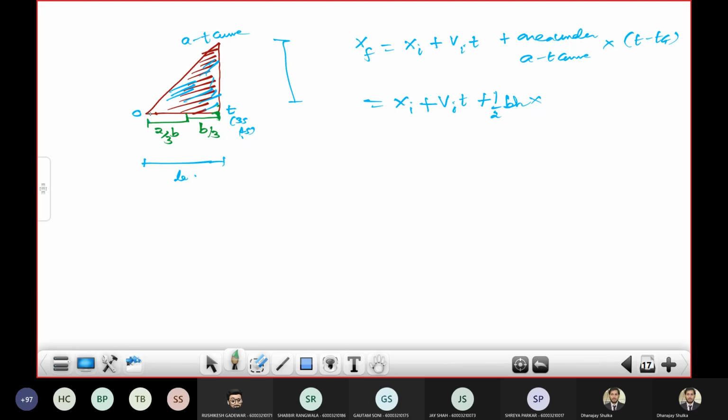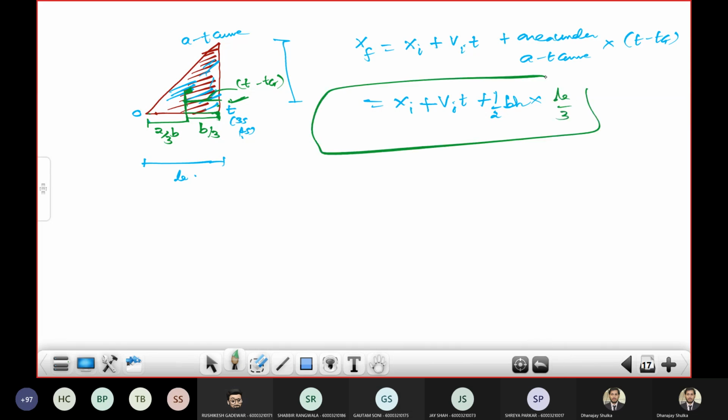Where will the centroid come? Here. So this distance is t minus tg. That will be b by 3. Are you getting me?